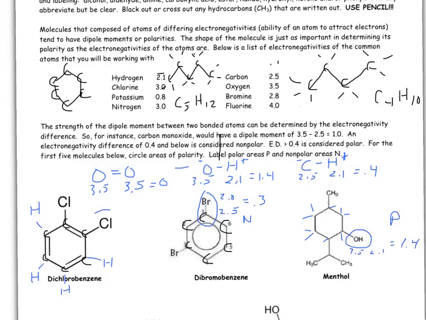If we take carbon and chlorine right here, we see the carbon is once again 2.5, chlorine is 3.0, the difference is 0.5, and that's still considered to be polar, barely, but it's still considered to be polar. And so basically what you're going to do is that all the time. Don't worry about the hydrocarbons. The only ones you really need to look at in this case are this one, which would be the same as the other Br combination, and that's pretty much it for those.